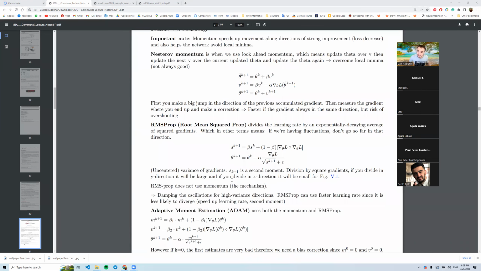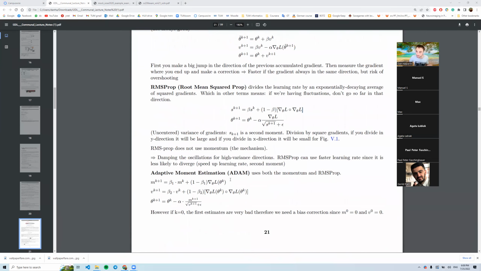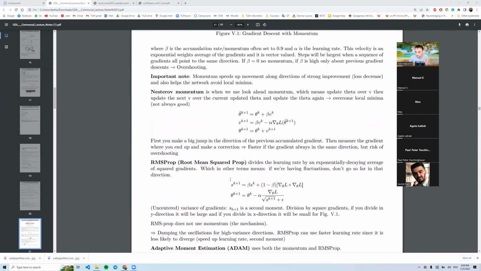Basically, we take beta 0.9 to be able to take mostly what we saw in the past. This is also a hyperparameter. You could change it. It does change actually when we have small batch sizes, but that's out of scope.